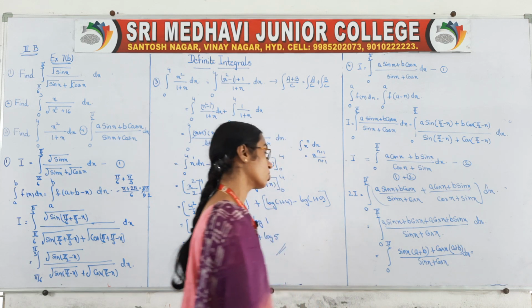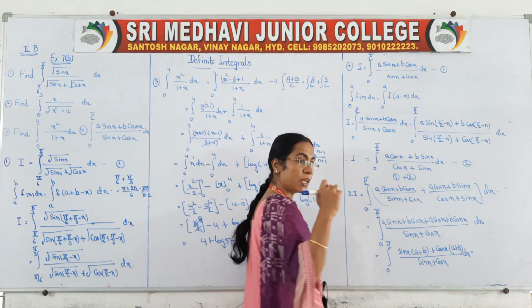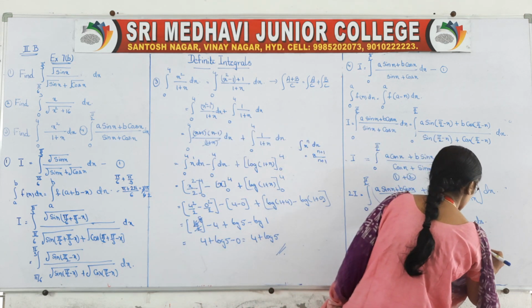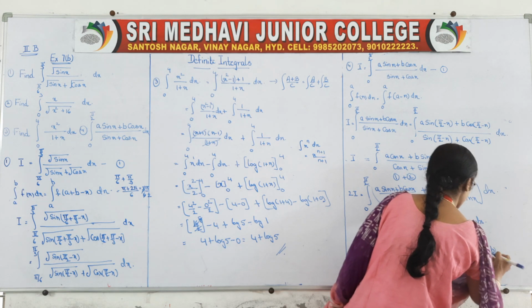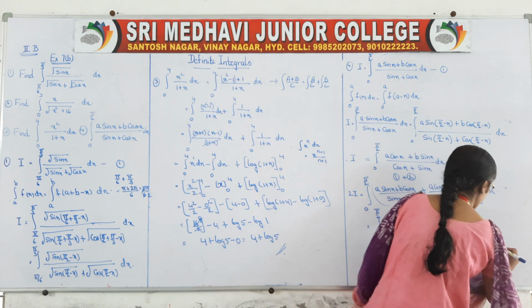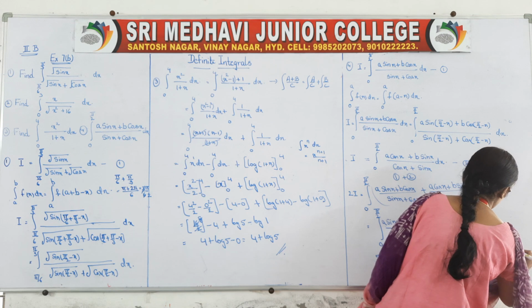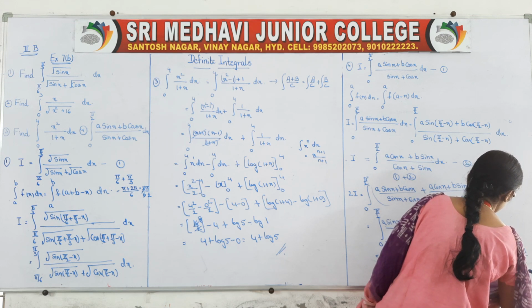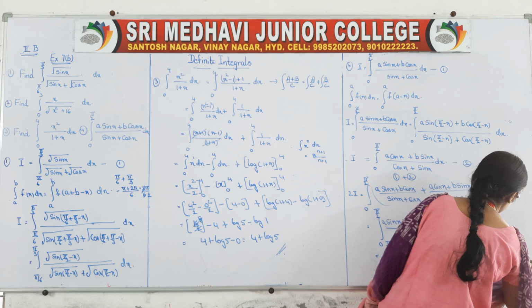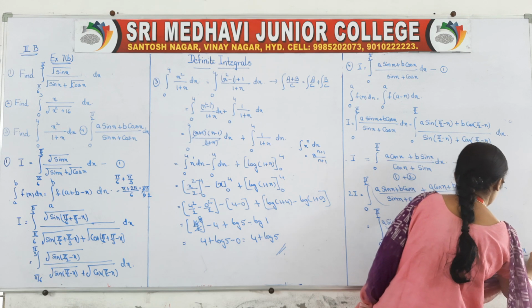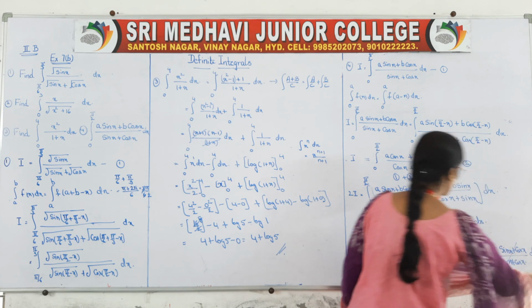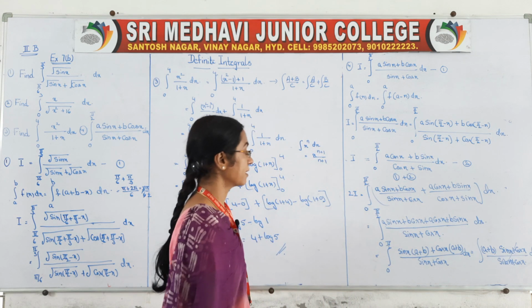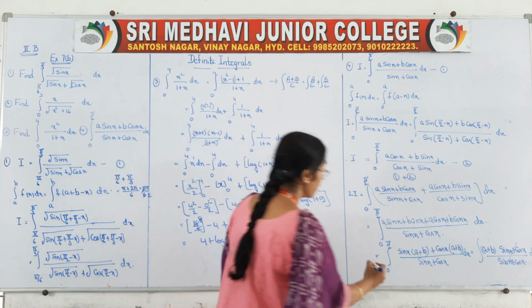So from these two we can take a plus b, right? If we take a plus b common, then we are having (sin x plus cos x) by (sin x plus cos x) dx. These two will get cancelled. So what happens to our value?